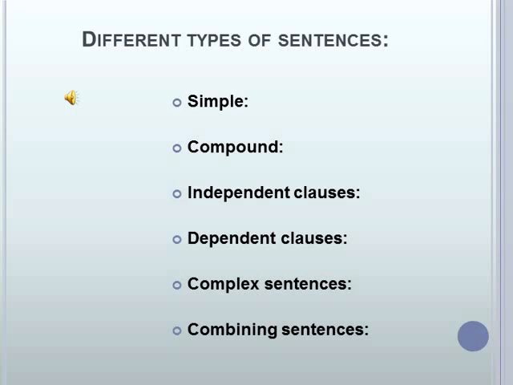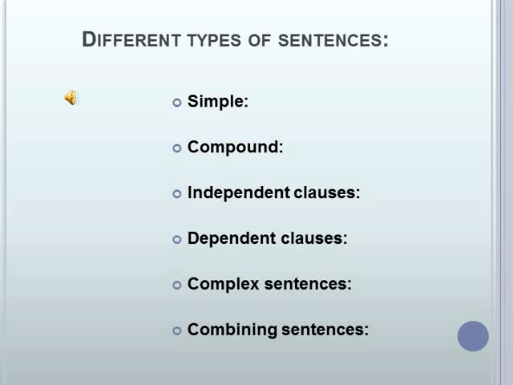There are different types of sentences: simple, compound, independent, dependent, complex, combining. The simple contains only one verb, and the compound contains two or more main verbs and is made of two sentences joined using conjunctions like while and but.